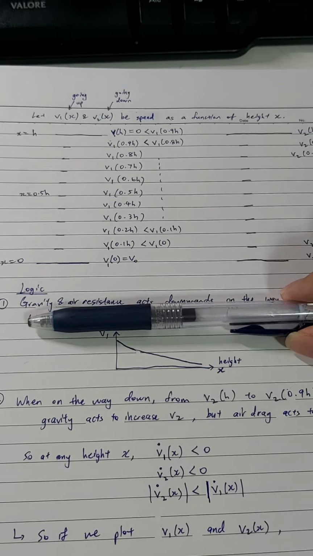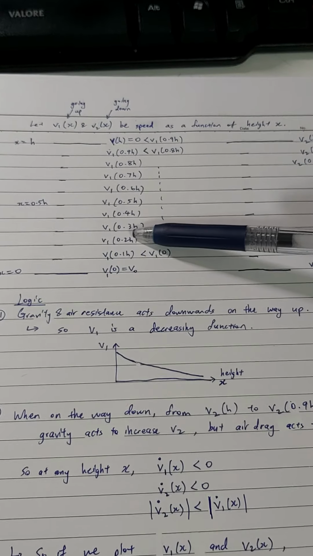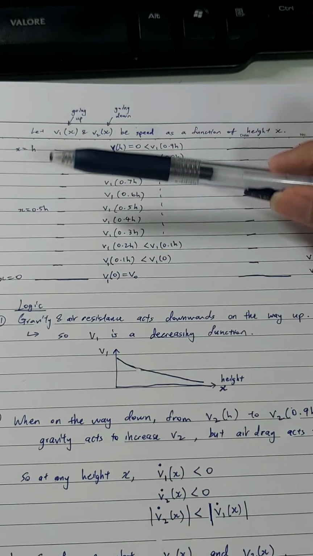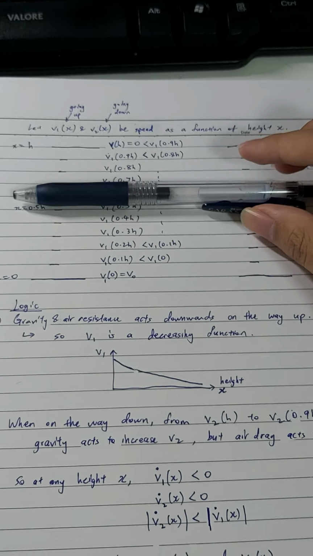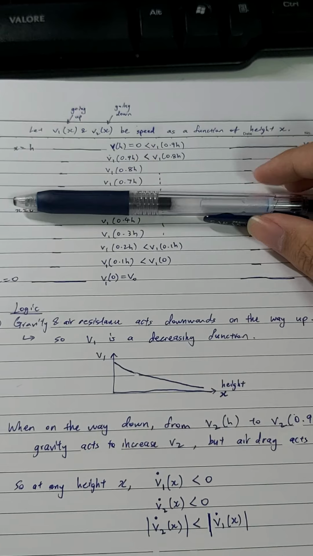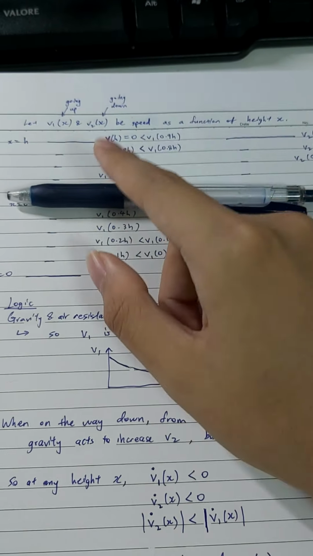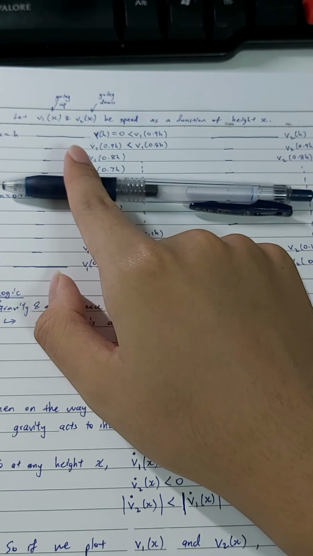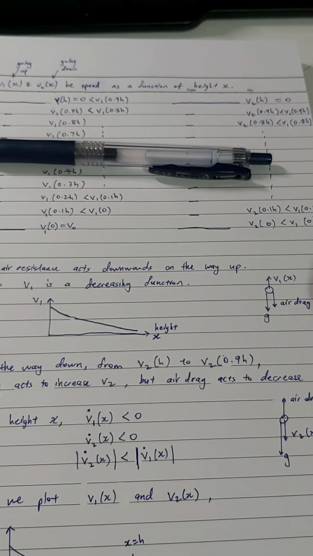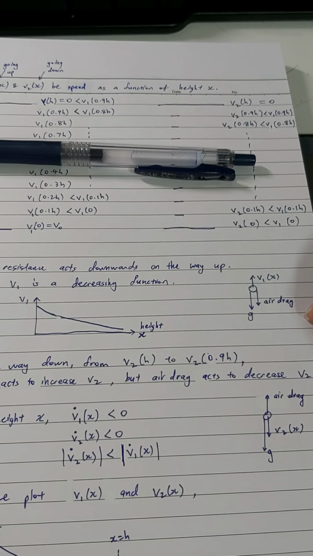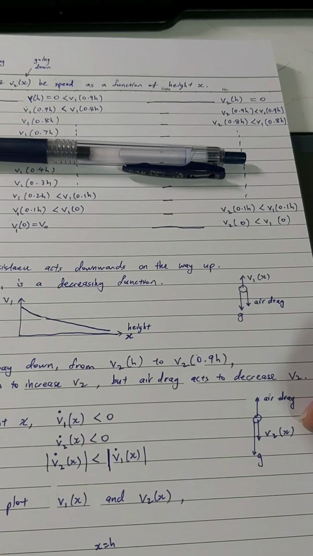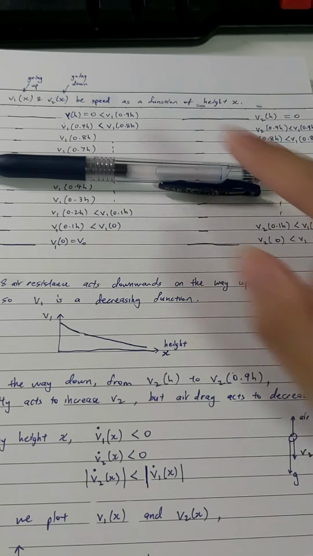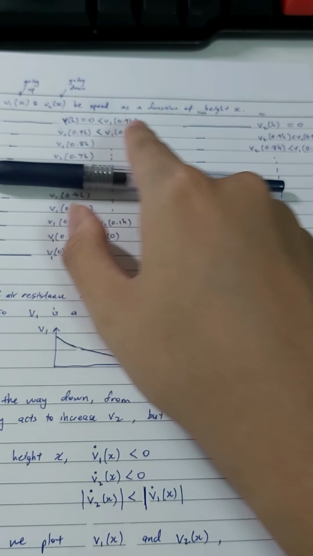My argument is that if we plot the velocity as a function of height rather than as a function of time, then at any height level we choose, the speed going up is going to be more than the speed coming down, because on the way up you had gravity and air drag working together against the speed, and on the way down you had gravity and air drag working against one another, and they both end at the same v at h equals 0.